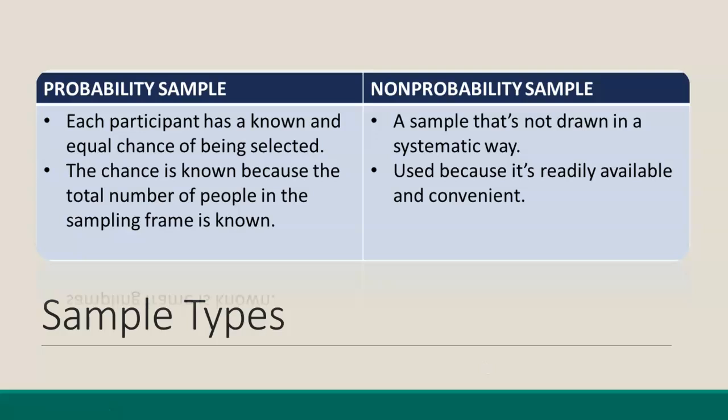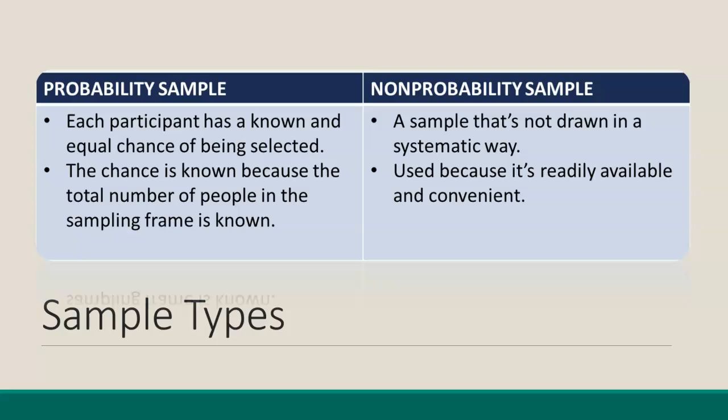Sample types. So there's the probability sample, where each participant has a known and equal chance of being selected. The chance is known because the total number of people in the sampling frame is known. Non-probability sample, a sample that's not drawn in a systematic way, used because it's readily available and convenient.